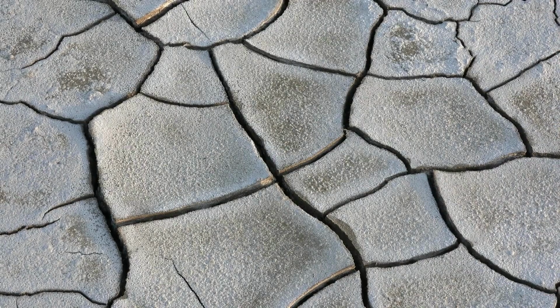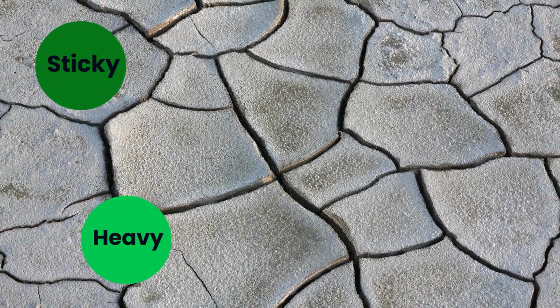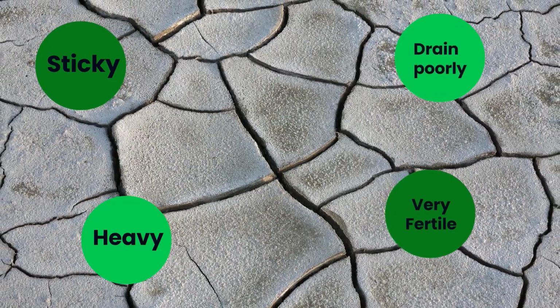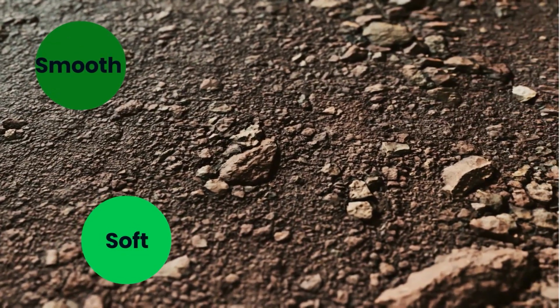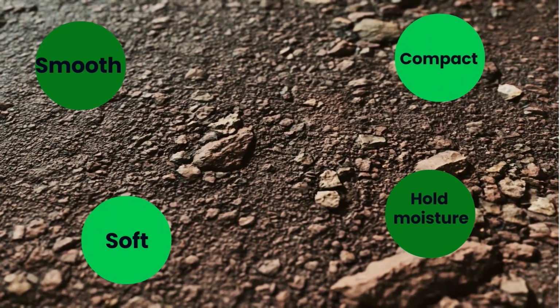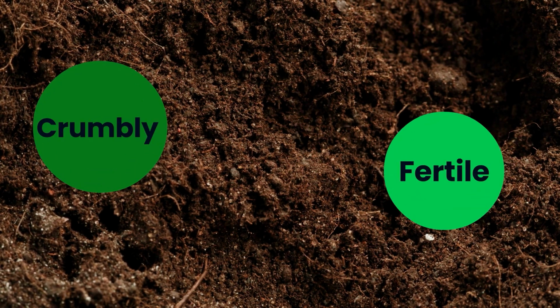Clay soil is heavy and sticky when wet, but looks hard and cracked when dry. It has poor drainage, but can be very fertile when managed well. Silty soil is smooth and soft, holds moisture better than sand but compacts easily. Loamy soil is the ideal mix of sand, silt, and clay. It is crumbly, fertile, and easy to work with.